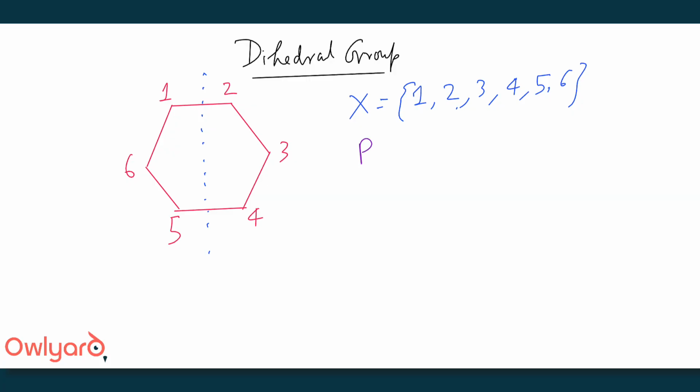Let's say R represents rotation about the smallest possible angle, which is 60 degrees for a hexagon, and F denotes a flip or a reflection about this axis. Then the dihedral group for an n-sided polygon is represented as D_2n, and there is a reason why the subscript is 2n.